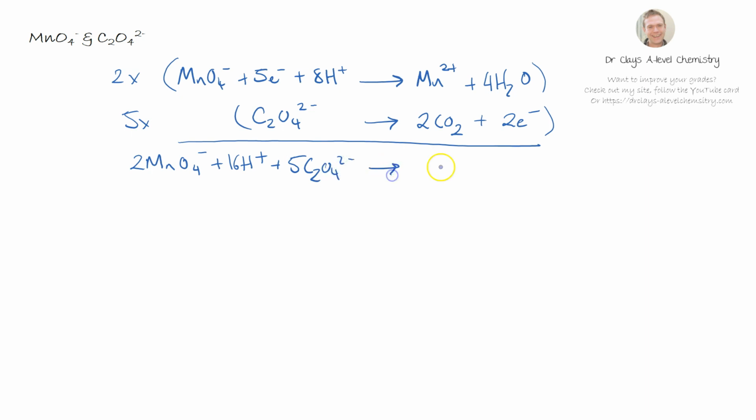And we're going to go forward and make 2Mn2+, plus 8H2O, plus this time we've got 10 carbon dioxides. There we've got once again our full redox equation, which is made up from a reduction and an oxidation reaction.